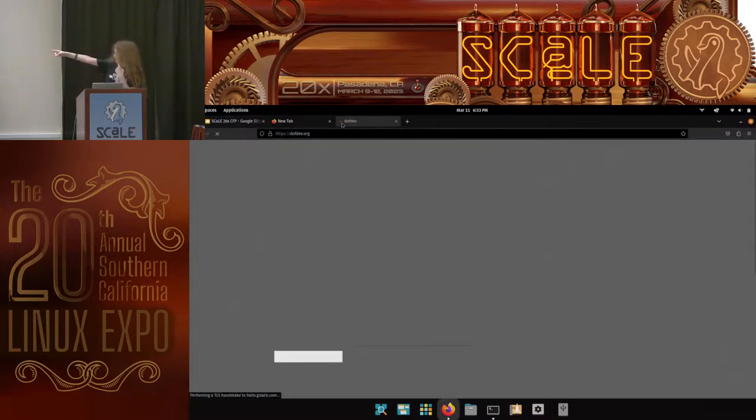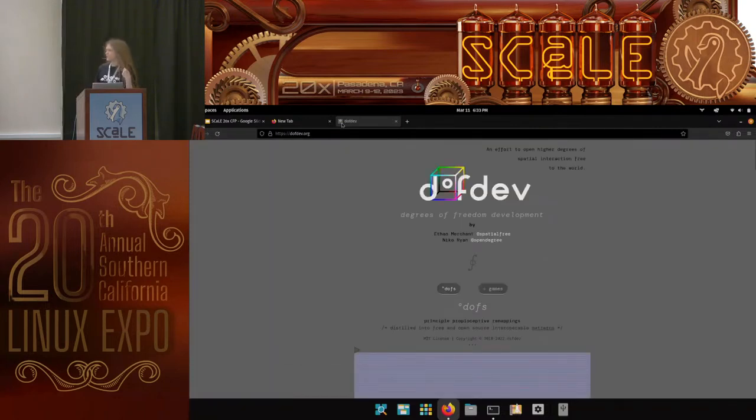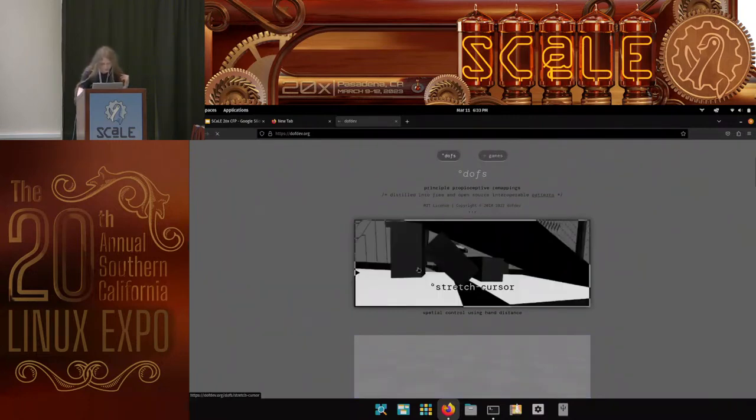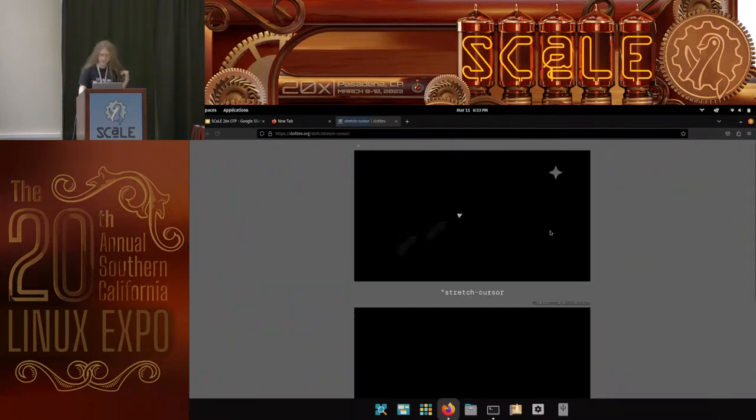These are my friends who are working on a bunch of these interactions that can turn small actions into bigger ones and remap input, called DOFDev. So, for example, this is the stretch cursor. The whole point of the stretch cursor is that you can take two controllers, move them a slight bit, and now you've got an input that's way over here.